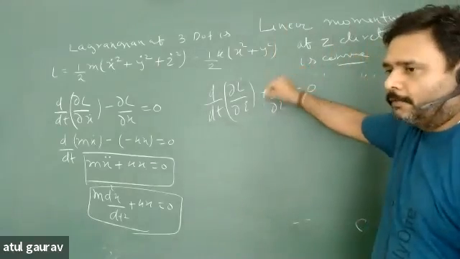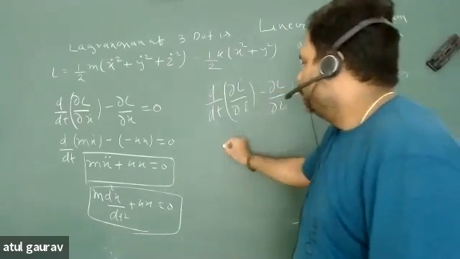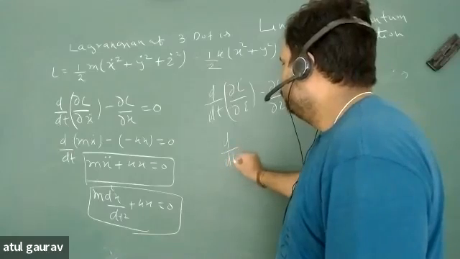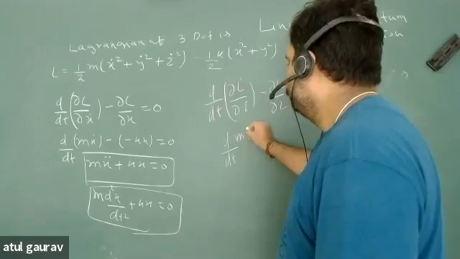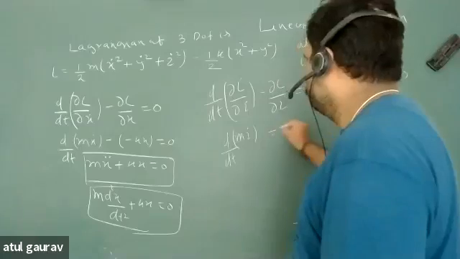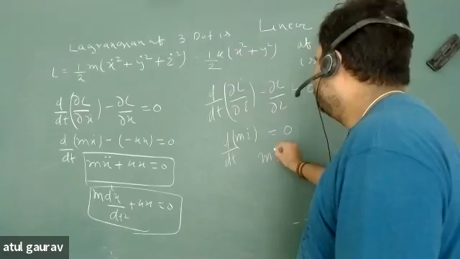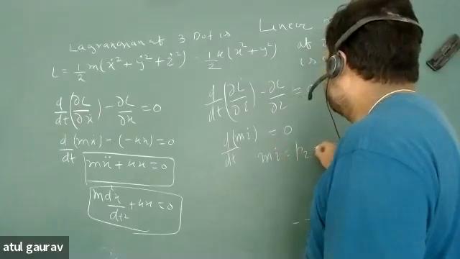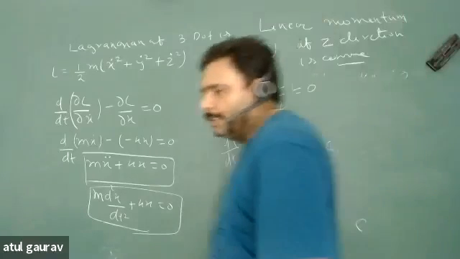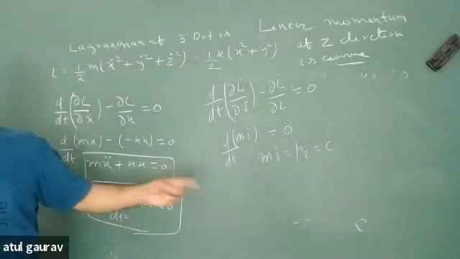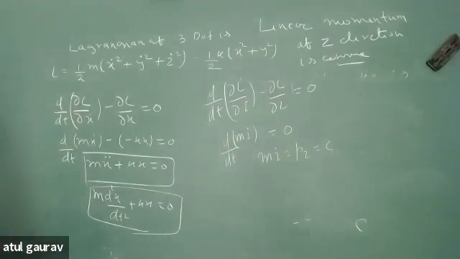Then d upon dt m z dot is equal to 0, which means m z dot is constant. This is pz and this pz is constant. So from the equation of motion, we again have this type of situation.